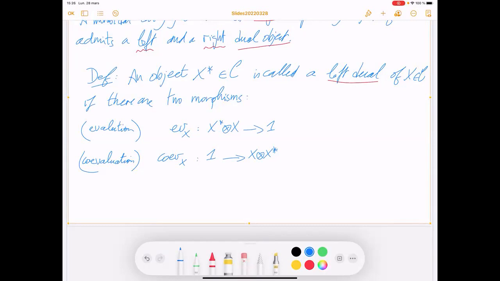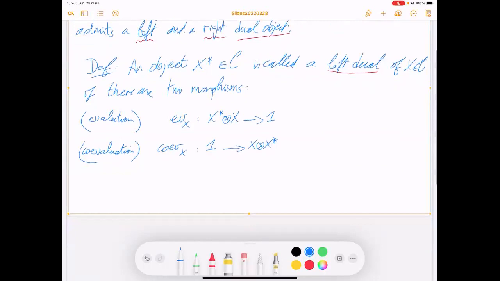We will write them later, but before writing that, let us write the pictorial representation of this morphism.